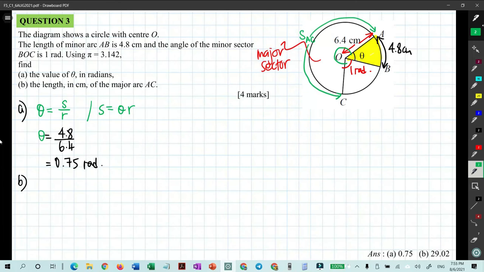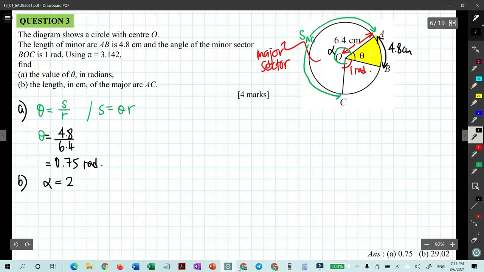So I'm going to label this angle as alpha. Alpha is equals to 2 times 3.142. Okay, why 2 times 3.142? I hope you still remember 360 degrees is actually equivalent to 2 pi radian.